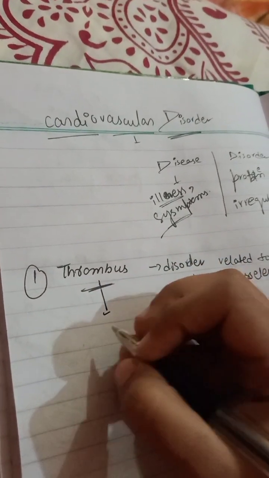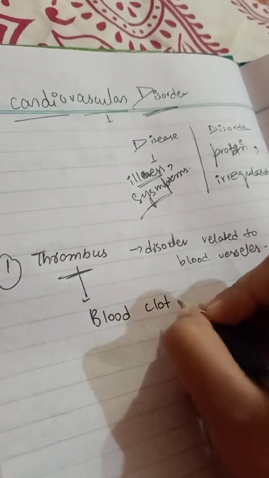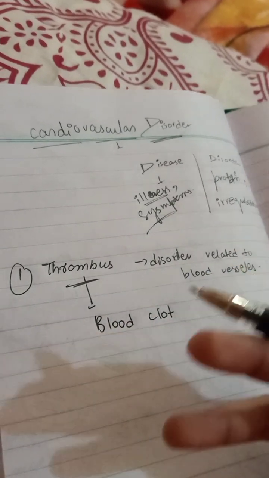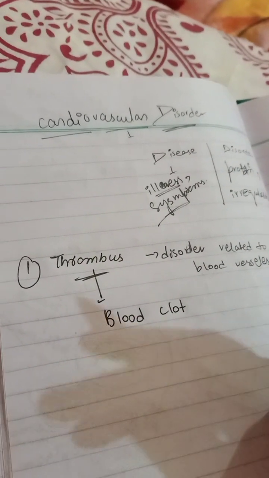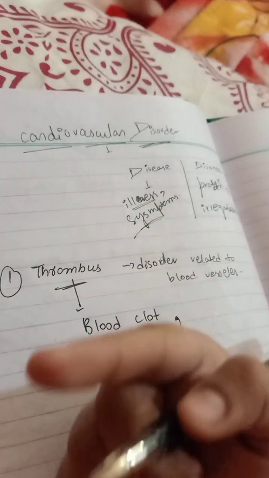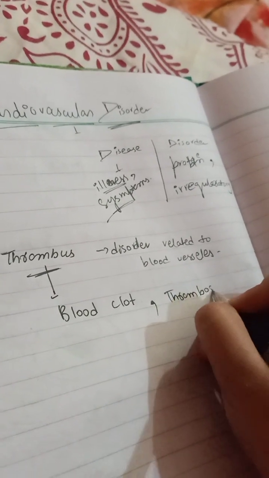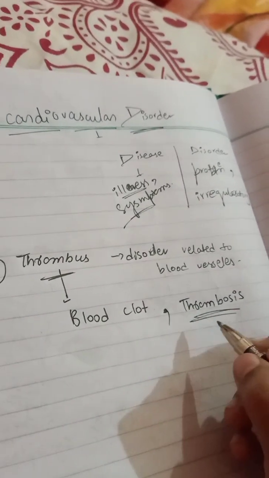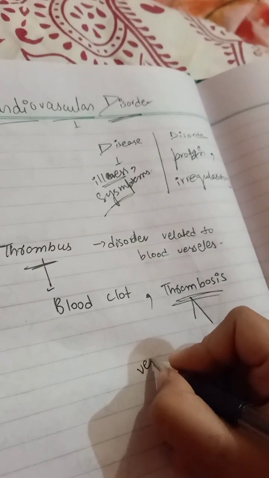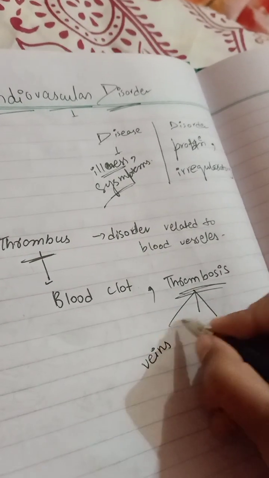We call thrombus a blood clot, or you can say the formation of a blood clot is called a thrombus, and this process, the formation of the blood clot, is called thrombosis. It can be seen in the blood vessels, like veins, arteries, and in the heart.